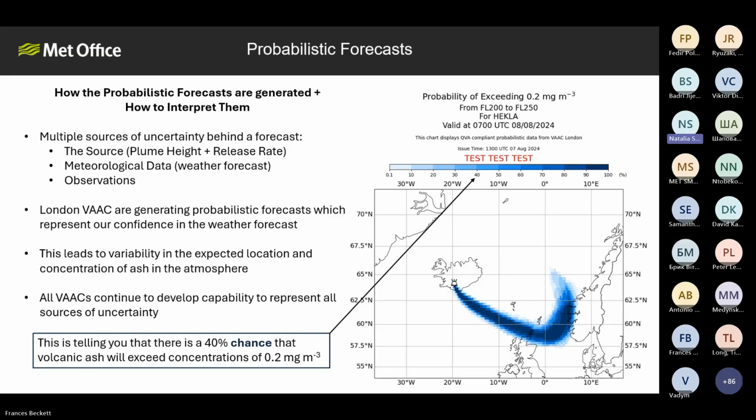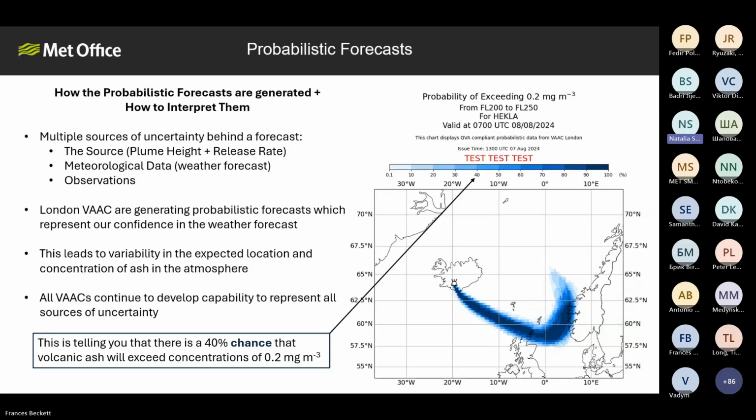We have an example of one of our new probabilistic forecasts on the right-hand side of the slide here. These are being generated to show probabilities of exceeding each of the new concentration thresholds. The example here is for probabilities of exceeding 0.2 milligrams per meter cubed. In this case, a probability of 100% means that every weather scenario is predicting that you're going to get ash in that location exceeding concentrations of 0.2 milligrams per meter cubed.